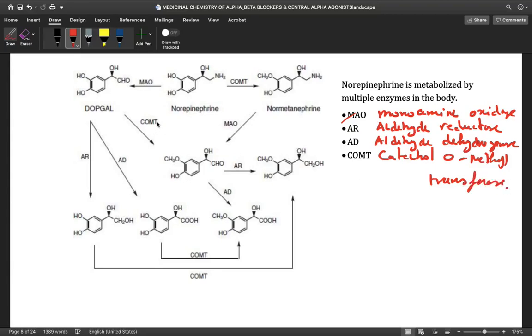All right, so here are these enzymes, and again, the name of the enzyme tells you what the enzyme does.